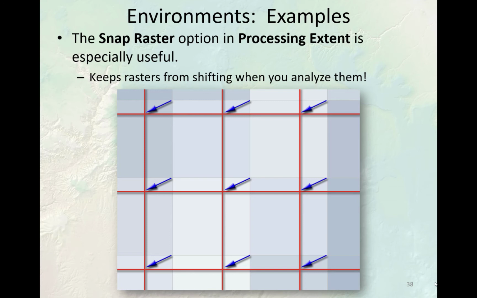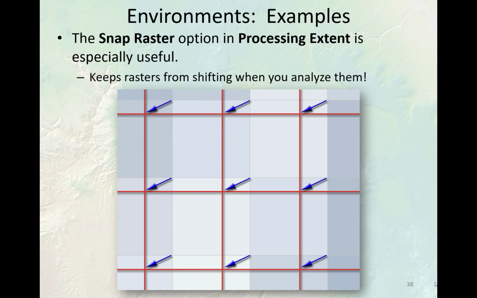The deal is that when these raster tools run, they're producing a new raster. They have to decide where that new raster is going to be located. They have to decide where the origin of that new raster is, and then they just build the rows and columns from that origin. Now, if that origin doesn't match the origin of the original raster, then the cells wind up slid over like this.